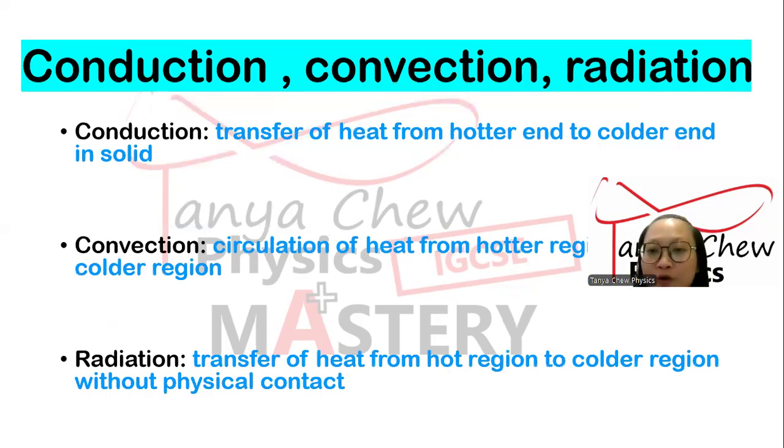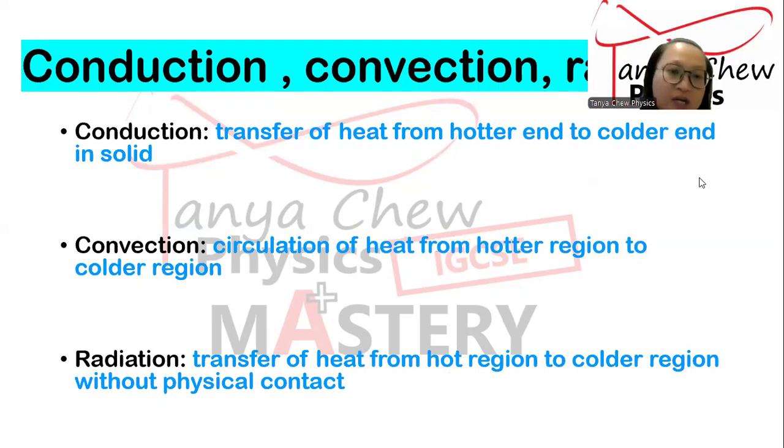Now, this is how thermal energy is transferred: conduction, convection, and radiation. But before we look into them, bear in mind, heat can only be transferred when there is a difference between the two objects' temperature.